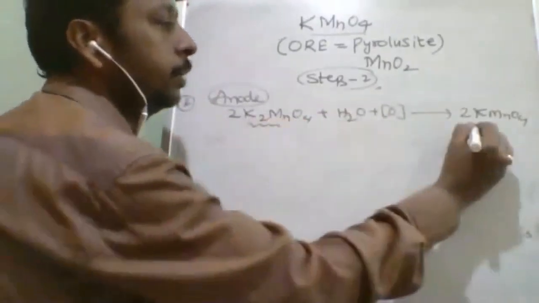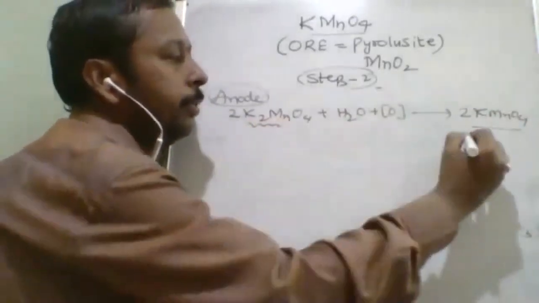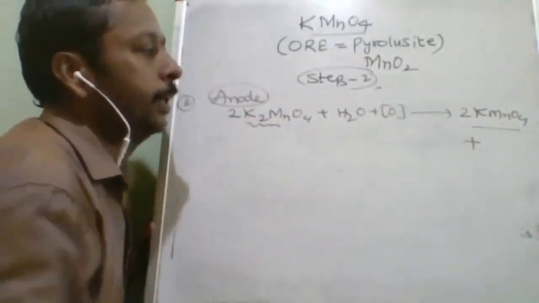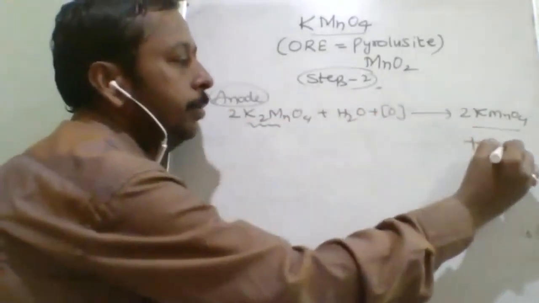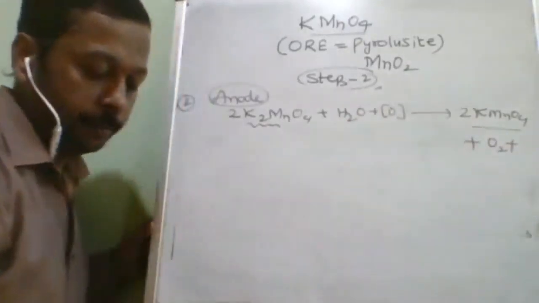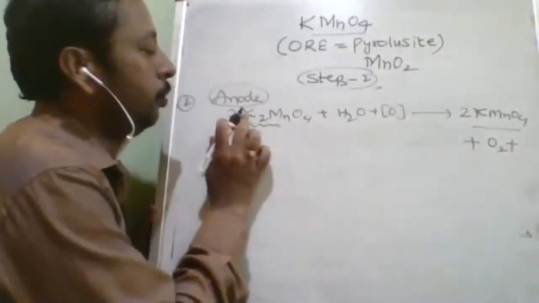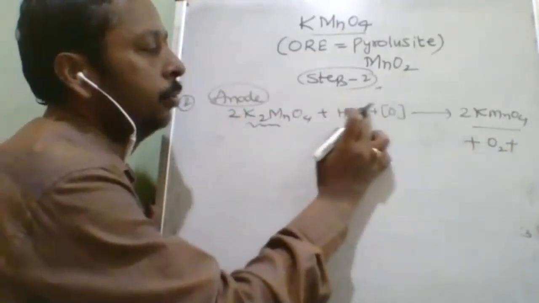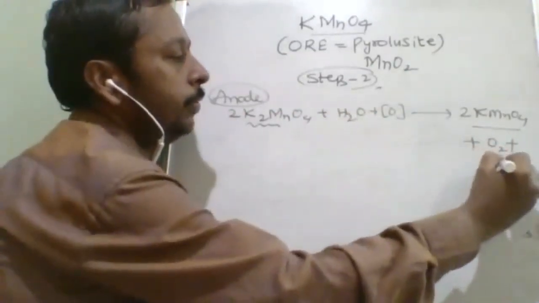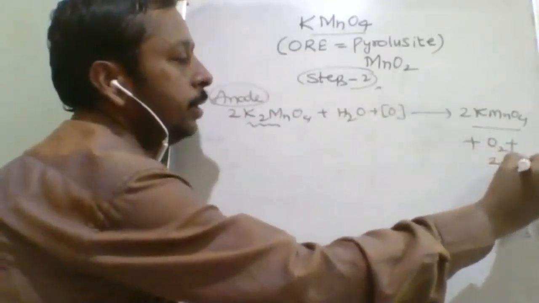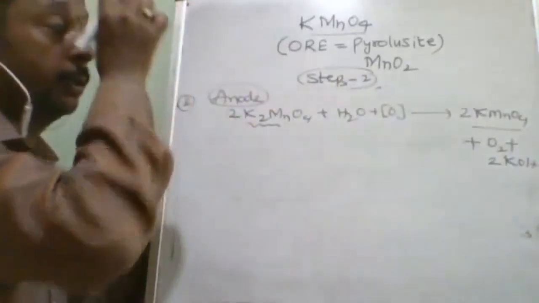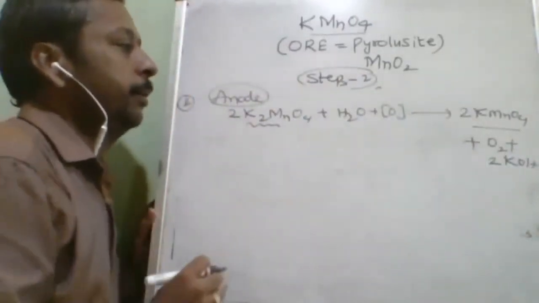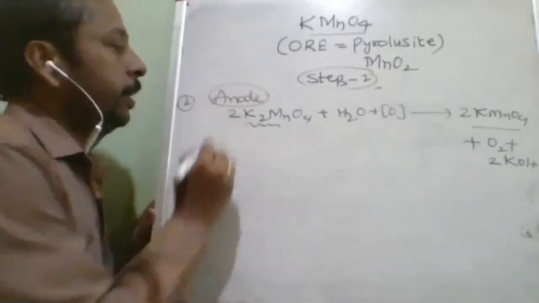Potassium manganate is converted to potassium permanganate. Other than this, oxygen will be liberated, and 2 potassium extra and 2 OH, the 2 OH will be converted to 2KOH. This is at the anode.